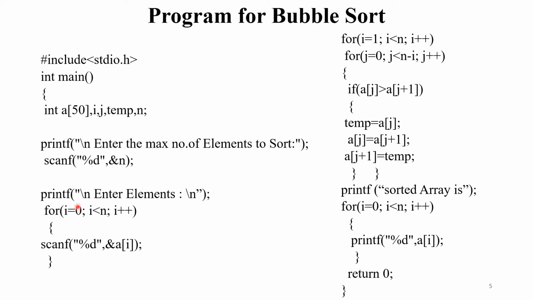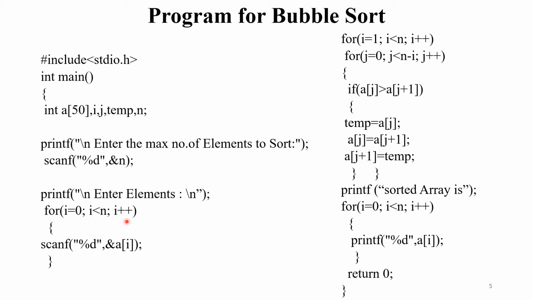Next, we enter elements in the array. We use printf, enter the elements. For loop i is equal to 0, i less than n, i plus plus. In scanf, %d, address of a of i. It means first the value of i is 0, so we enter our first element in the 0th index.